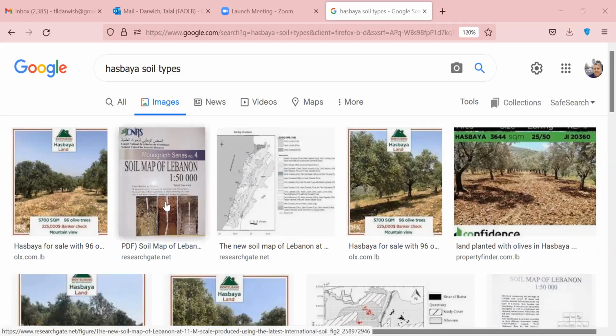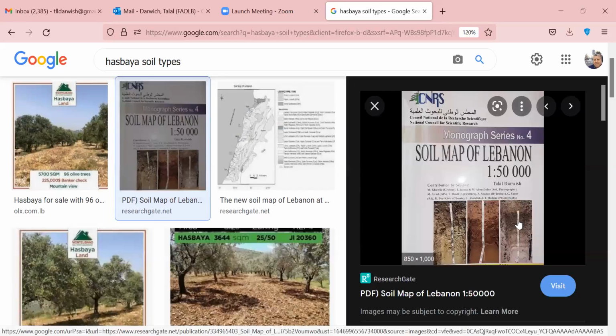Here you see the soil map of Lebanon. These are three soil profiles. You see here the water table, how high it is in the Bekaa area, from Faida, you know the area.